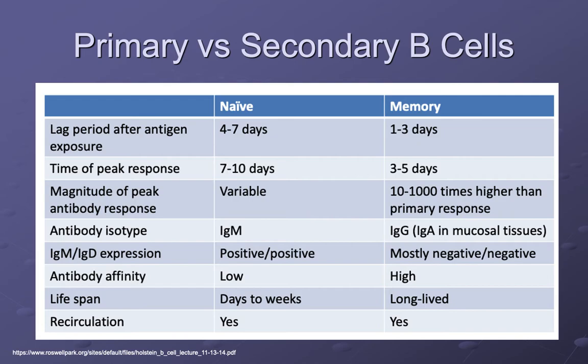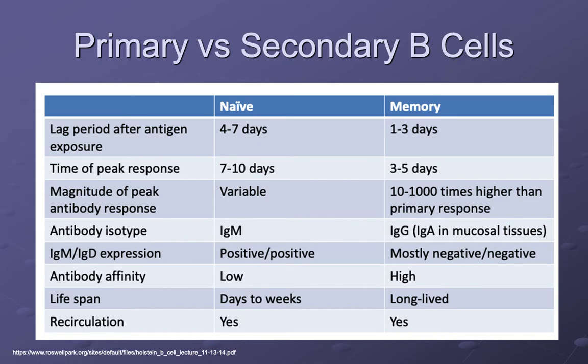Also, memory B cells have a peak response time of 3 to 5 days. So they quickly become hyperactive. It will only take a few days before they reach their peak activity.